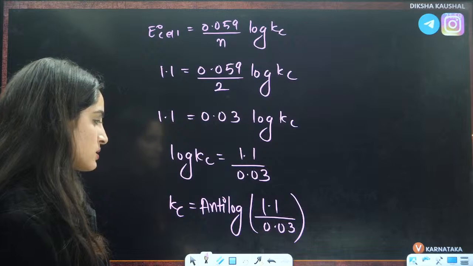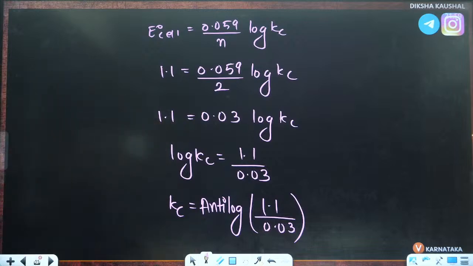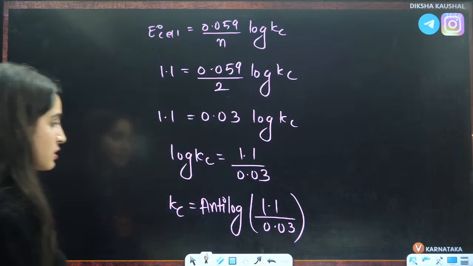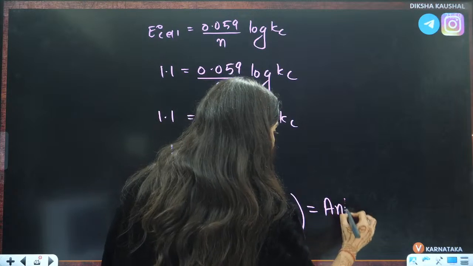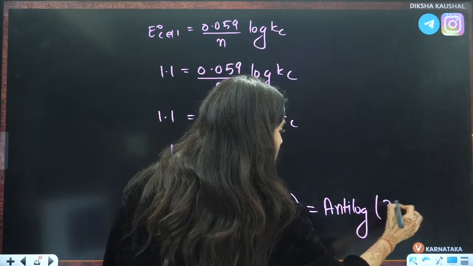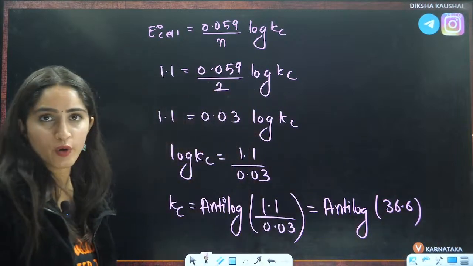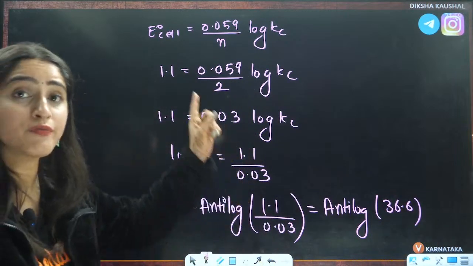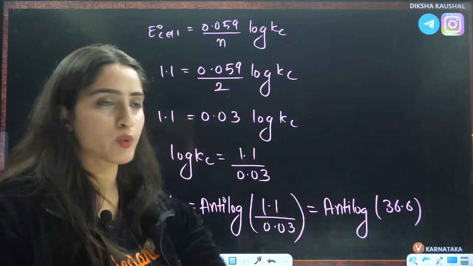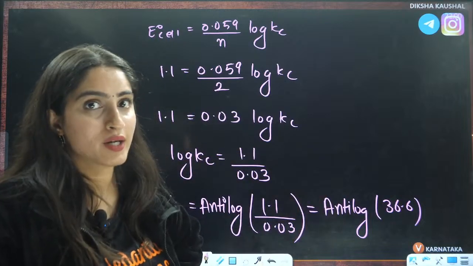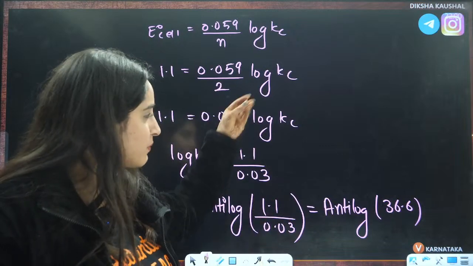1.1 divided by 0.03 will be 36.6, so that will turn out to be anti-log of 36.6. As I told you in the first lecture, you can calculate the anti-log of this thing. Here I have taken a random value.